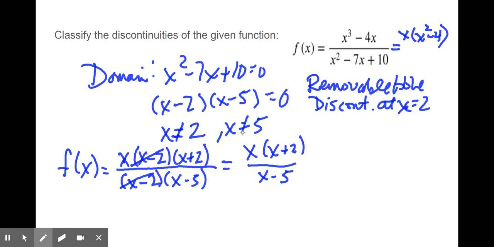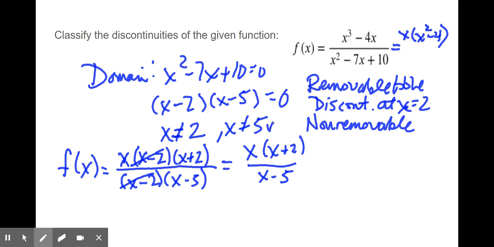Now, we've done nothing to fix the problem at x equals 5. If I put 5 in here, I get 5 times 7, 35 over 0. Well, that's definitely no good for a function. So this discontinuity is non-removable.